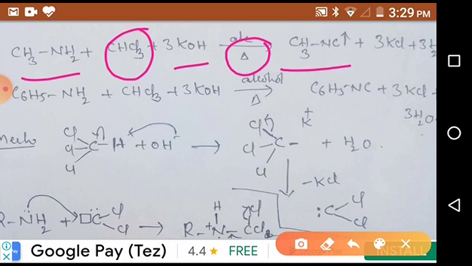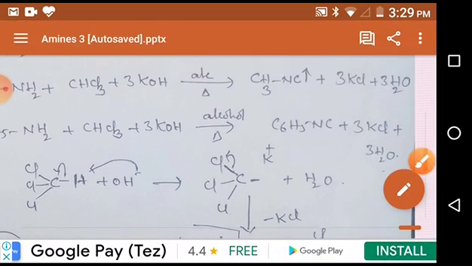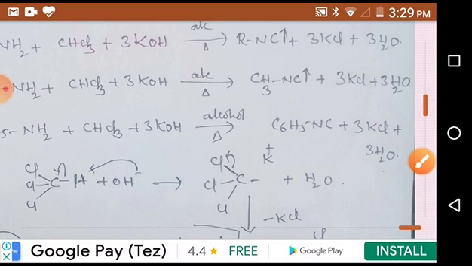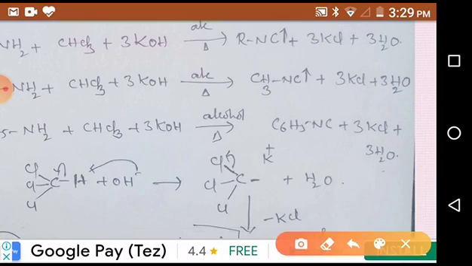In the same reaction, we get KCl and H2O: isocyanide, KCl and H2O. This is the balanced equation. This reaction is known as the carbylamine reaction because we get a carbylamine as a product.